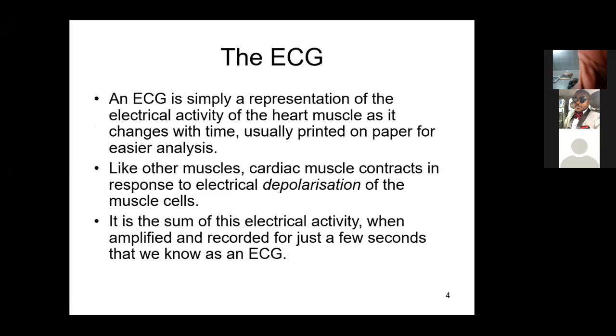So an ECG or electrocardiogram is a recording of the activity of the heart muscle as it changes with time, usually printed on paper for easier analysis. Like other muscles, cardiac muscle contracts in response to electrical depolarization of the muscle cells. It is the sum of this electrical activity when amplified and recorded for just a few seconds that we know as an ECG or electrocardiogram.